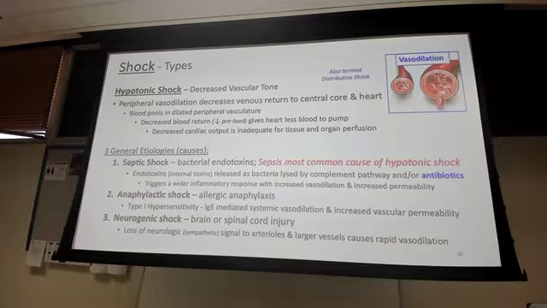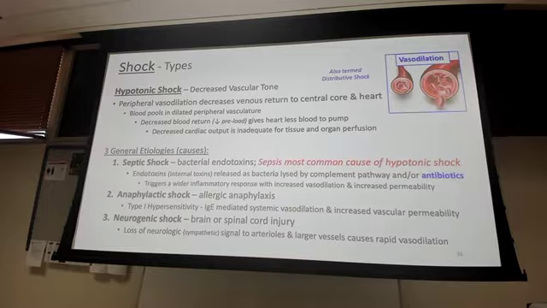Remember inflammation? It's going to cause permeability, and it's going to cause the vessels to dilate. We get widespread vasodilation within our body, and that's what typically causes these bad outcomes when people have septic shock. Because these bacteria have toxins, and when they start dying, your body says, okay, it's time to kick off this inflammatory process.